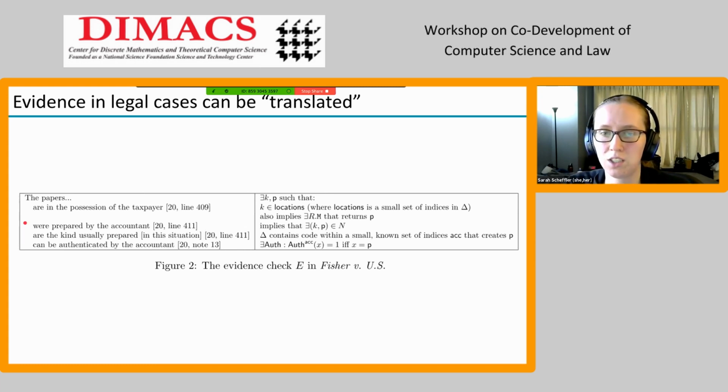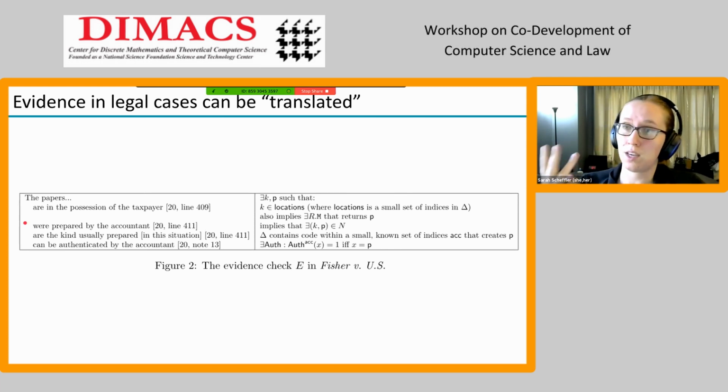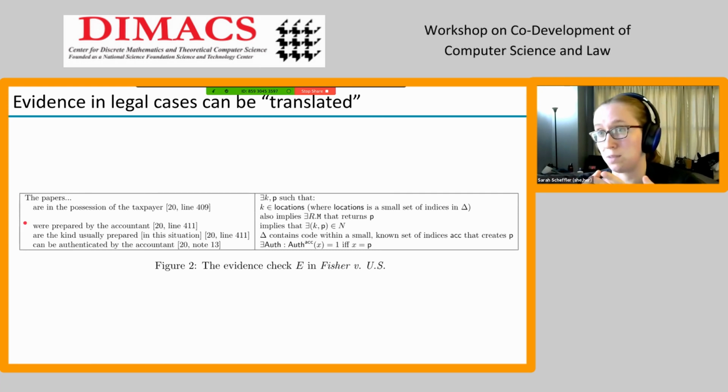And I'll point out something interesting, which is that if you apply this holistic simulation idea to Fisher, which is the origin of the foregone conclusion doctrine, exactly what falls out of the evidence that is required in order to be able to compel this are exactly 3 things. It's the existence of the papers, their location or their approximate location, and their authenticity.